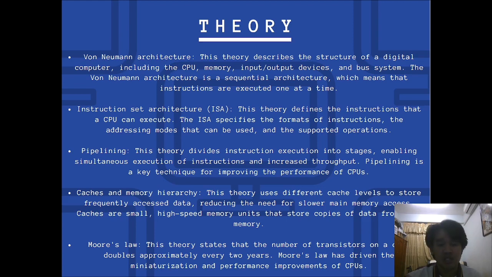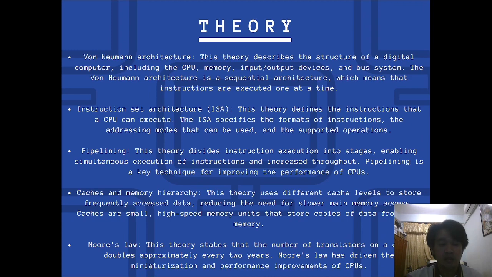Instruction set architecture, which is ISA. This theory defines the instructions that a CPU can execute. The ISA specifies the format of instructions, the addressing modes that can be used, and the supported operations.